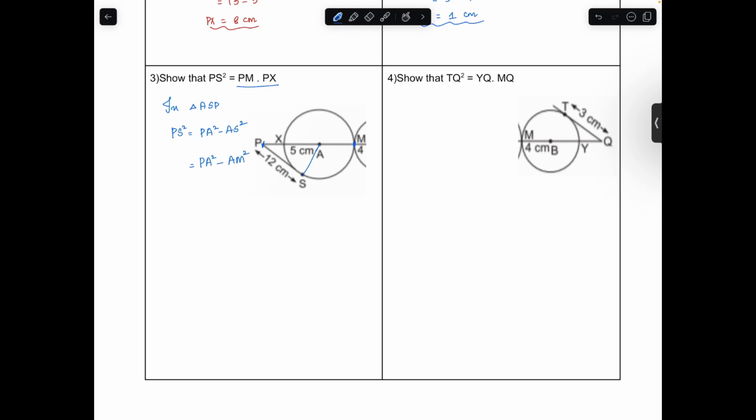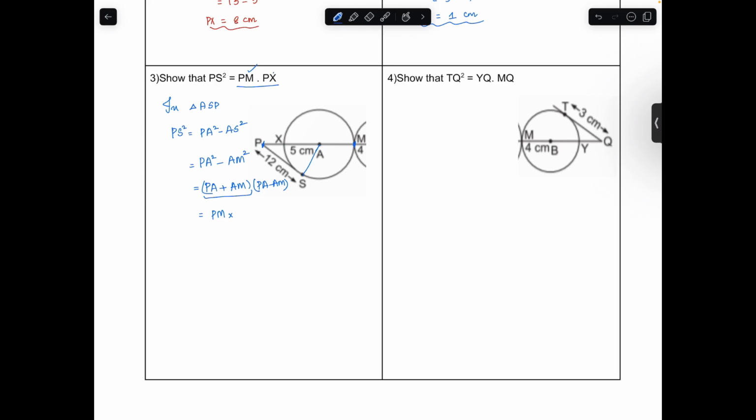Using the identity A square minus B square, the right hand side can be written as PA plus AM times PA minus AM. The first bracket PA plus AM. If we add PA and AM, we get the line segment PM. So we got one quantity in the right hand side.